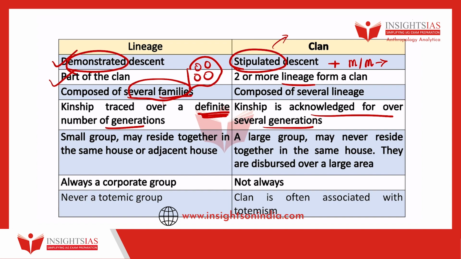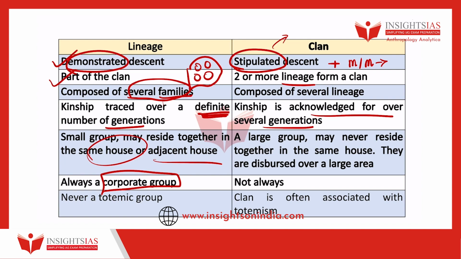And sometimes even the members of the clan will not be aware of each other. They will not be able to trace their relationship with each other. Then lineage is a small group, and they may reside together in the same house or even adjacent houses. That is why it always acts as a corporate group.